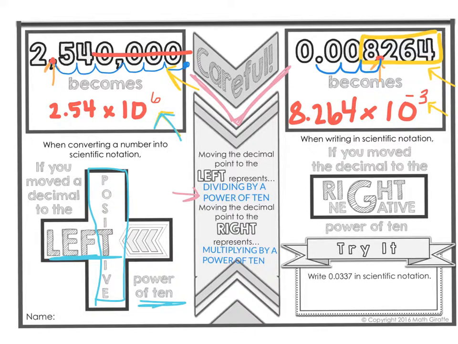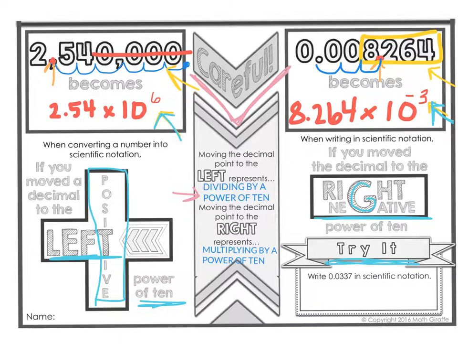And if you move the decimal to the right, you have a negative power of 10, like we talked about with that -3 up here. Now we're going to try it in this little box here. First, look at this number and think, is this huge or is this tiny? This is a tiny number. So for tiny numbers, we're going to move our decimal to the right, which is going to give us a negative exponent. Go ahead and try it on your own and then check it with mine.